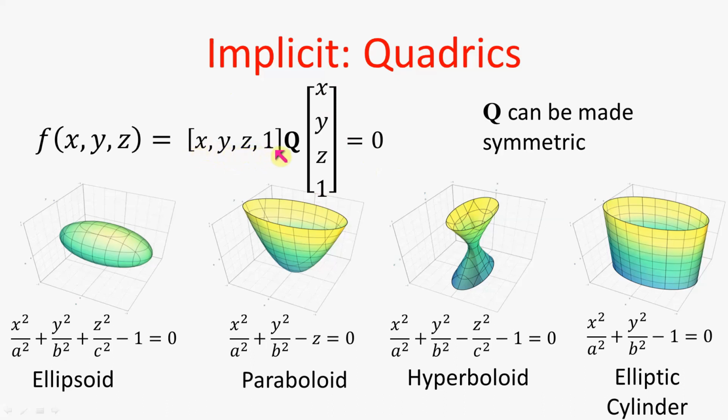So this is a 4-element row vector, and we use it again as a 4-element column vector, and in between the row vector and the column vector we insert a 4 times 4 matrix that contains the scalar parameters describing the scalar of x squared, xy, xz, and x, and so on. It is always possible to express this 4 times 4 matrix as a symmetric matrix.